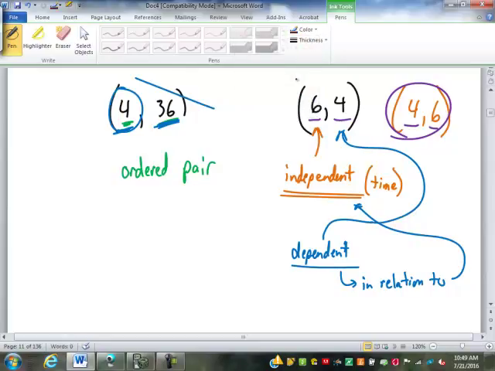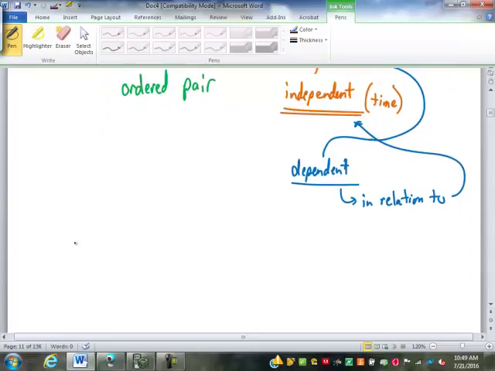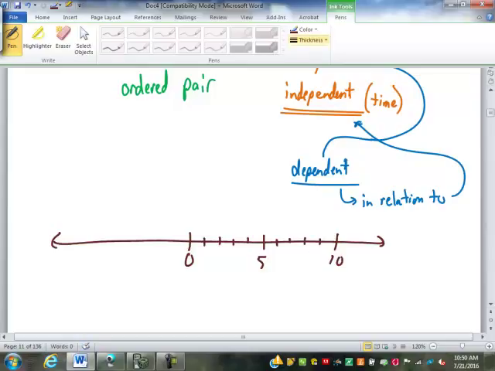Now this occurs enough in math, where we have this relationship between two numbers, this link between two numbers, that we want to be able to represent it. And so far, the only way we've looked at representing numbers is on a number line. We've looked at a couple of different ways of representing numbers.